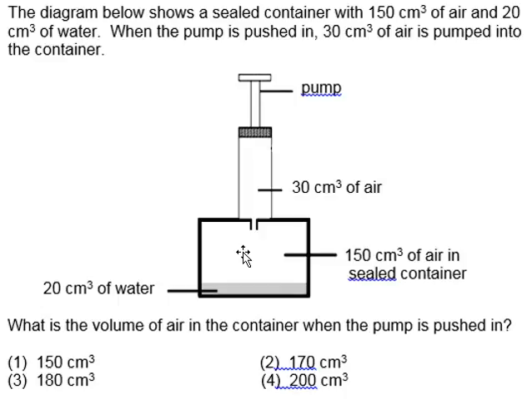Again, if I can repeat, the available space left in the container here is only 150 cubic centimeter, and therefore adding another 30 does not make any difference. Because of the availability of only 150 cubic centimeter of space, the volume of air inside would still be 150 cubic centimeter.